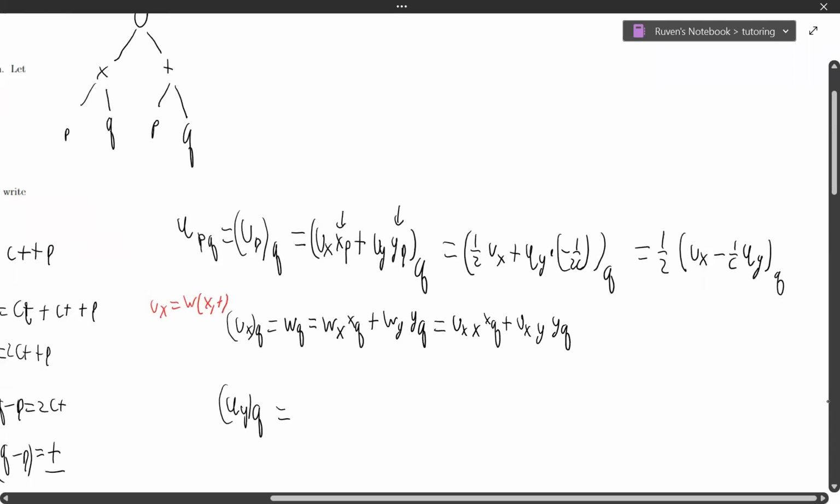And now, because uy is symmetrical, it's going to end up the same thing. We could do it the same way, where we get w of q. And again, you could just think of it as uy is equal to wx xq plus wt tq.